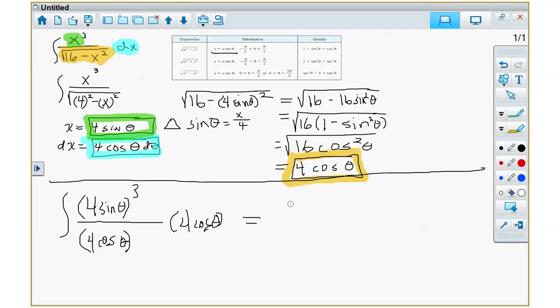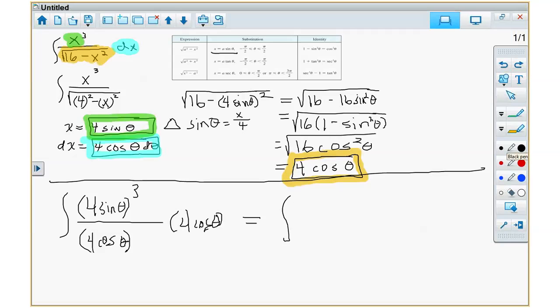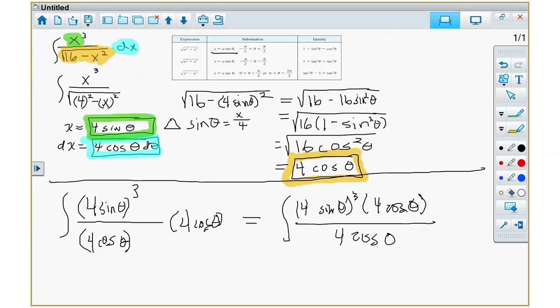So we do the antiderivative of 4 sine theta cubed times 4 cosine theta, over 4 cosine theta.